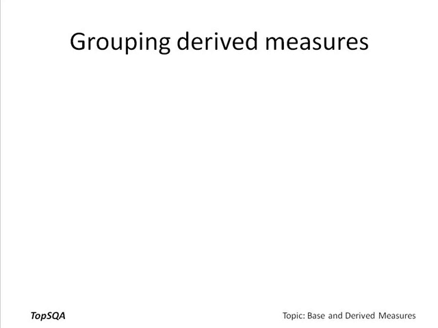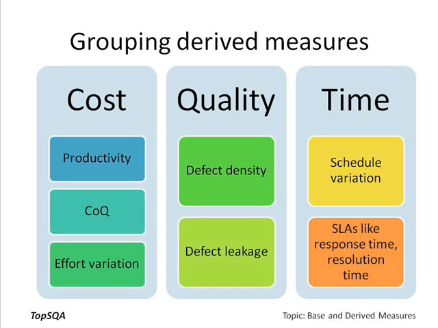In any scenario, when you are dealing with n number of software metrics and you put them into certain categories, or group them according to their categories, it's much easier to understand them. So one of the most common ways of categorizing software metrics is using these 3 categories, tried and tested categories, I should say: cost, quality, and time.